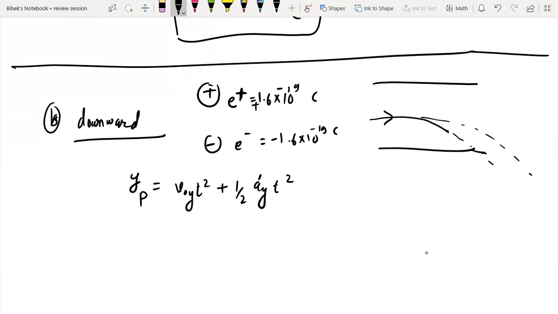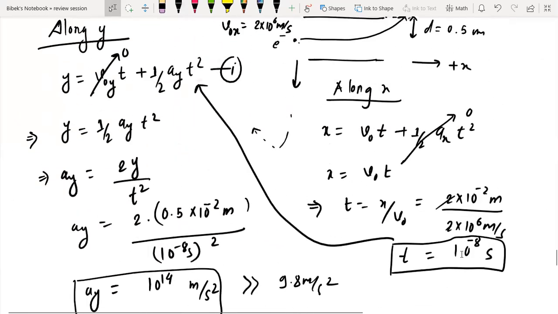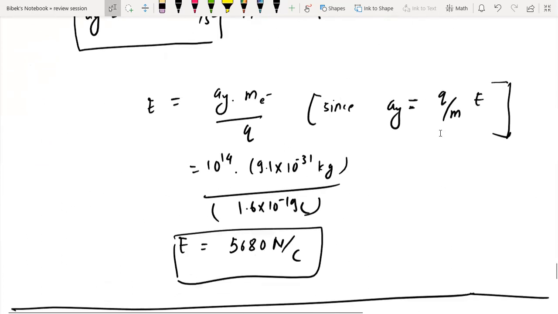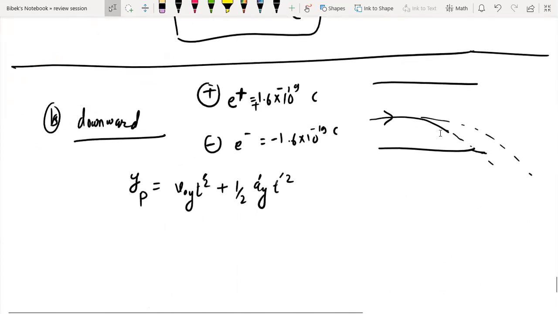Will the time be different? No, the time is going to be the same because it doesn't involve any mass or charge.